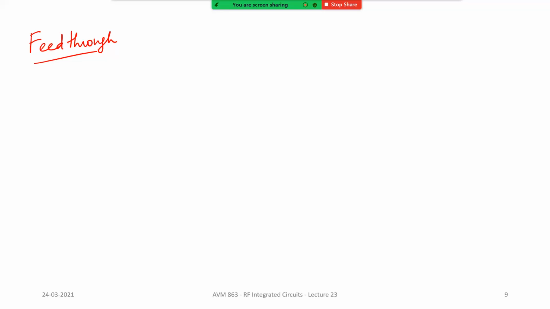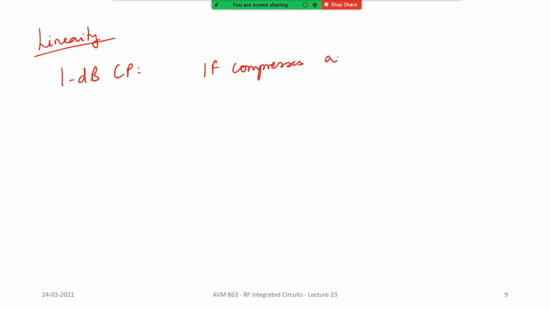Before I move into this, let me just add a note for linearity. We talk about the 1 dB compression point. How can you define the 1 dB compression point? We can say that the IF compresses as RF input power increases.